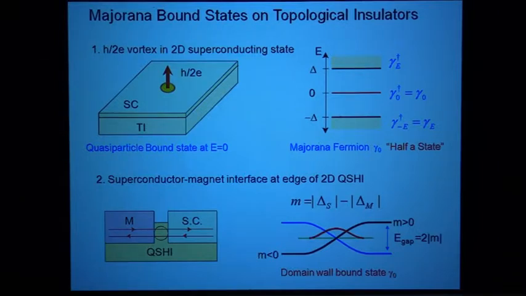And there are other ways you can do this too. If you instead take the two-dimensional quantum spin Hall insulator, then you have the helical edge state of the quantum spin Hall insulator, and you can gap that with a superconductor, or you can gap it with a magnetic gap. And on the boundary between these two, there will be a Majorana zero mode. And so this is like the one-dimensional topological superconductor.